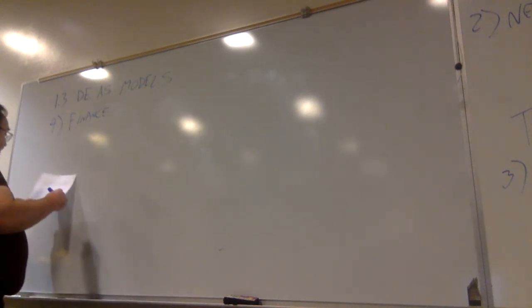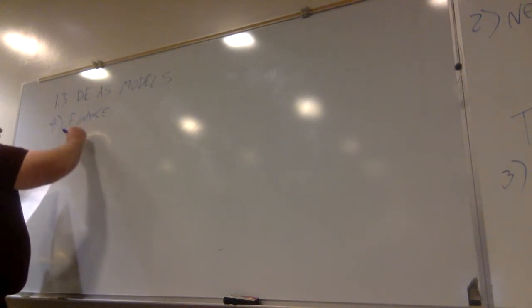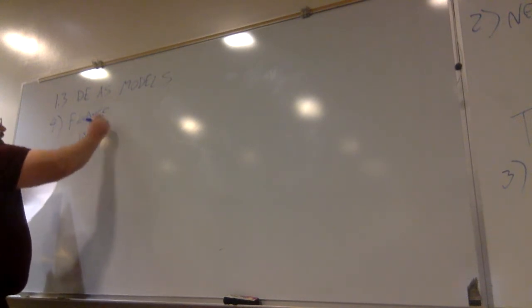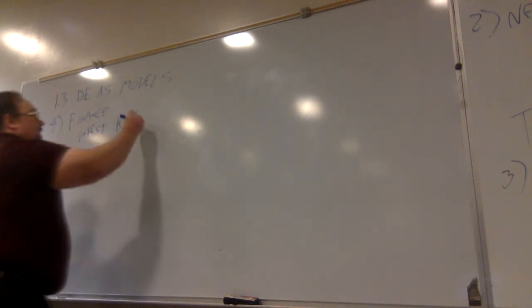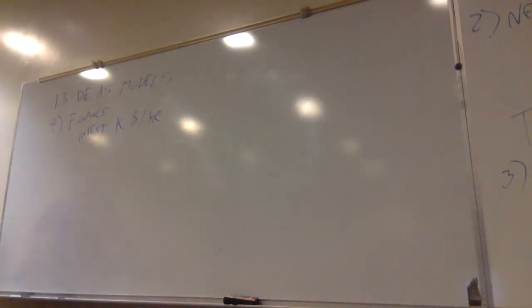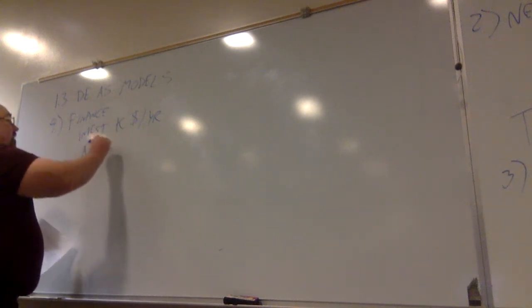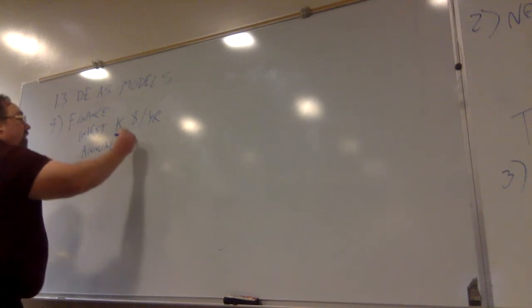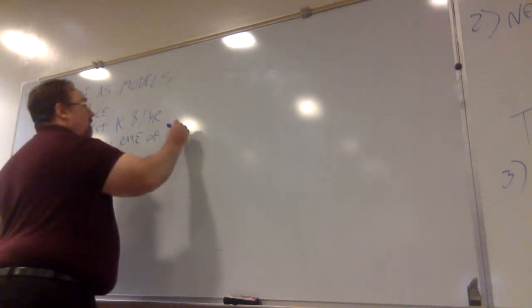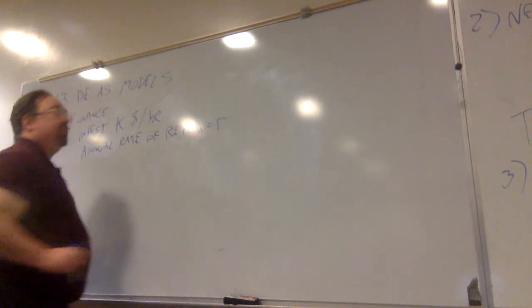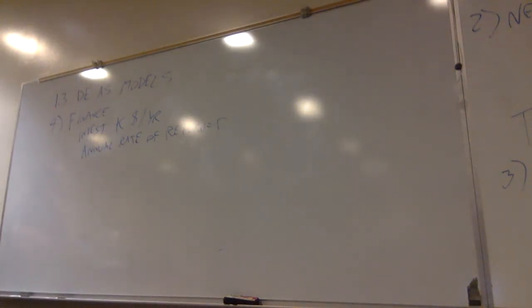Let's suppose you make an investment. So K is how much money is invested, a fixed amount, each year. And you expect an annual rate of return. So some constant R, so you can think about it as a percentage. So if you expect a 10% rate of return, then R would be 0.1.